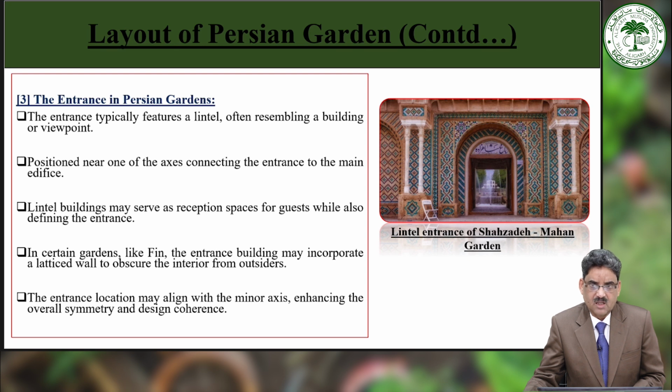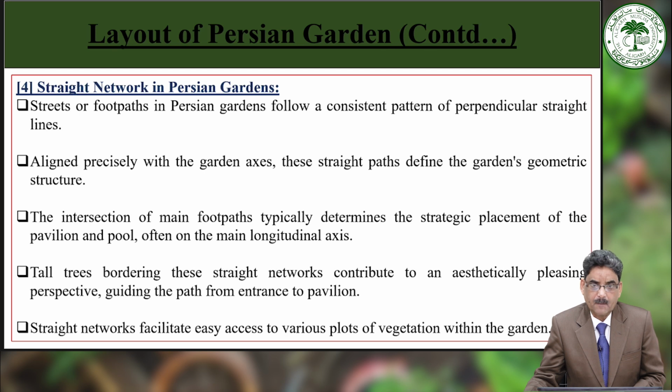In some gardens, such as Fin, the entrance building had a latticed wall which did not let glimpses of the inside, and the entrance was located on the minor axis. The footpath network of Persian gardens was always perpendicular, straight lines, and consistent with the garden axis.